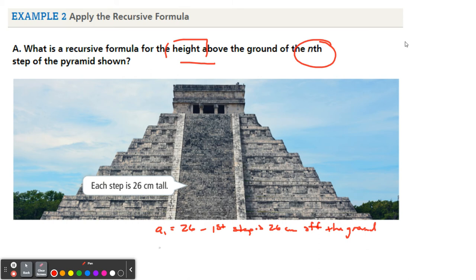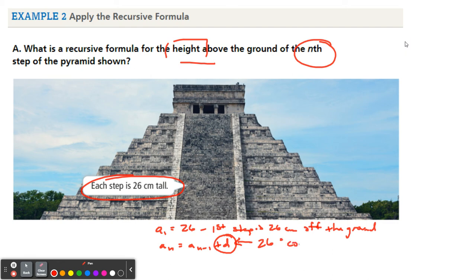So then here's our recursive formula: a sub n equals a sub n minus 1 plus d. And this common difference is going to be the difference as we go up these steps. Each step is 26 centimeters tall, so going from one step to the next step, you're going to add 26 centimeters. That means this common difference, d, is exactly 26.